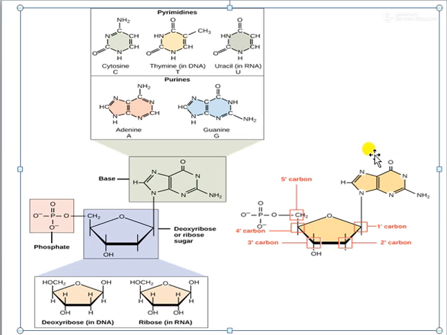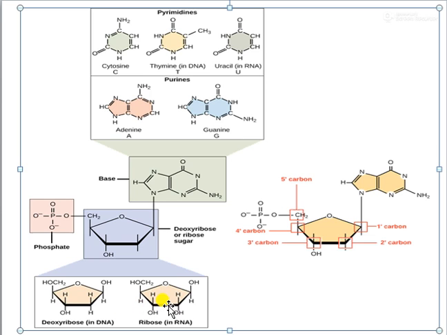This is the attachment of the nitrogen base to the 5 carbon sugar. You can see that the nitrogen base is attached on carbon number 1, and the phosphate group is attached on carbon number 5. On the fifth carbon, the phosphate group is attached. This structure also shows the attachment.